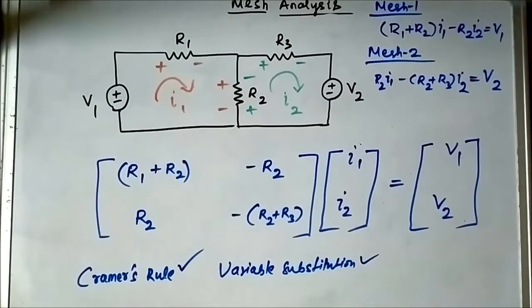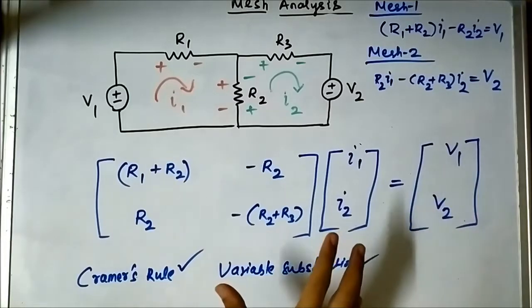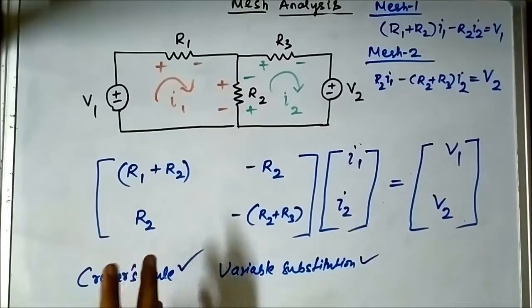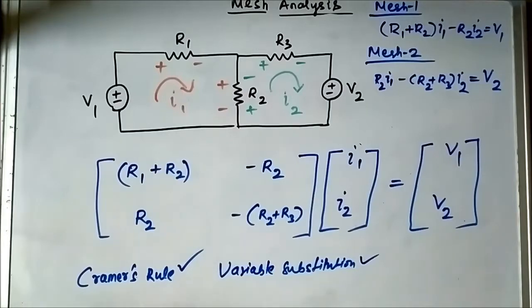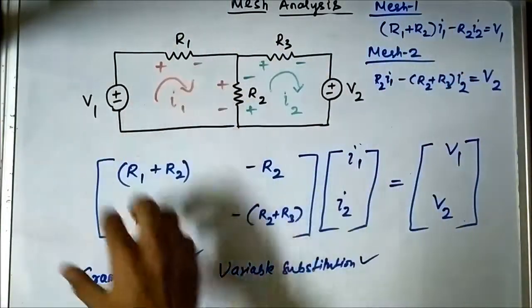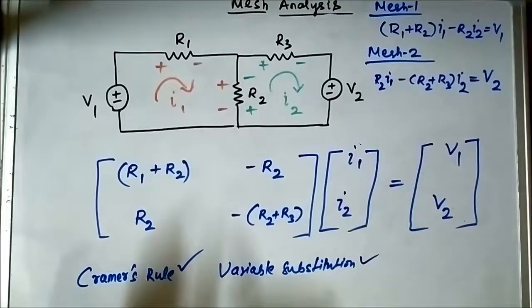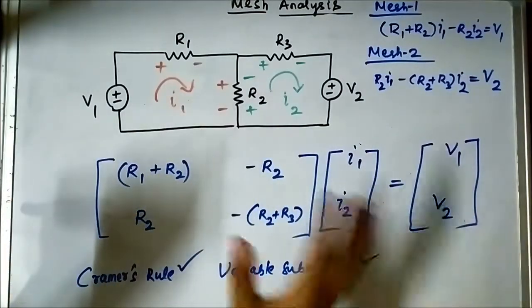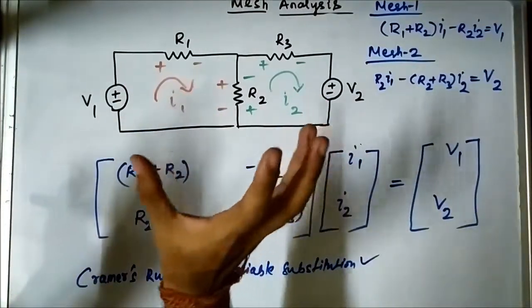We will solve many problems related to mesh analysis. There we will discuss in detail how to use the variable substitution method and how to use Kramer's rule. So this is all about mesh analysis. You can do that using 3 meshes also, but here to give you a general idea, I decided to go with a 2 mesh circuit.